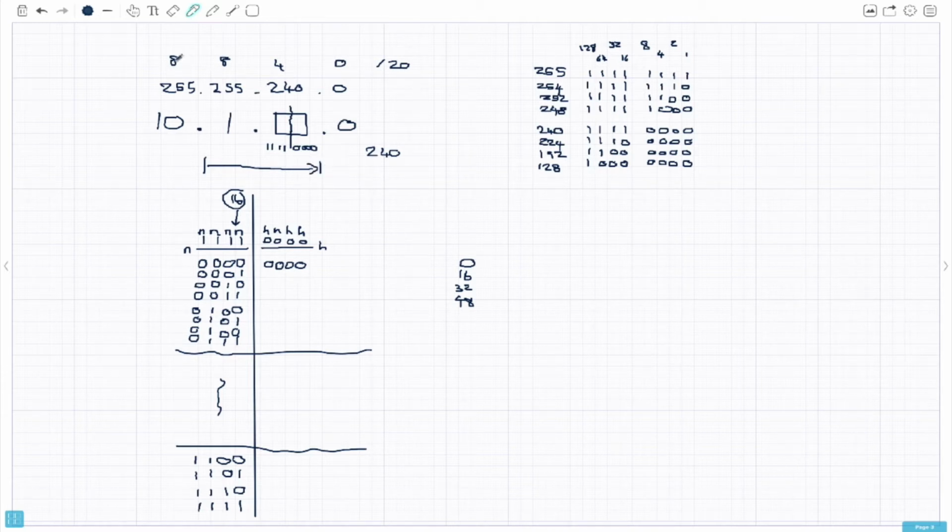So we have 8 bits of networking, there's the subnet, 12 bits of subnetting, 8 bits for hosts. So the 0 would actually be allowed here because you can't have all 12 bits being 0.